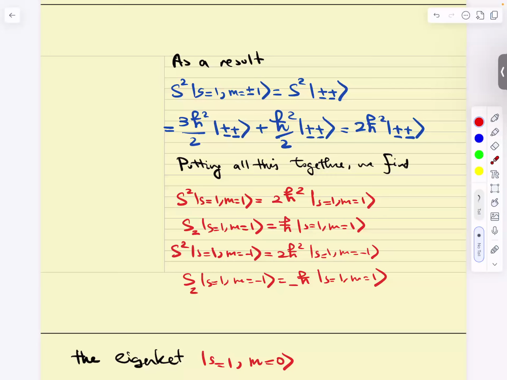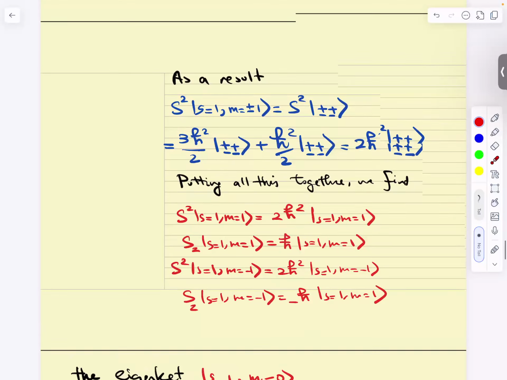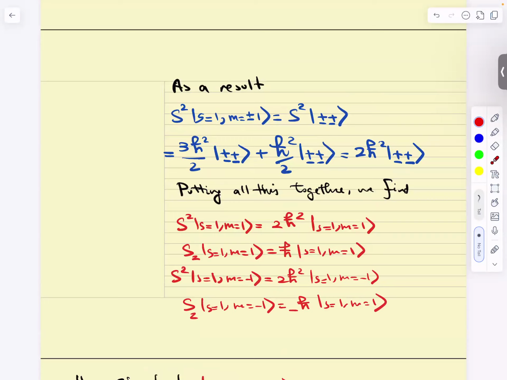There's already something funny going on. What did we find? We put together two spin half particles. We saw that two of the eigenkets we already had correspond to a spin 1 particle. How many eigenkets does a spin 1 particle have? 3.